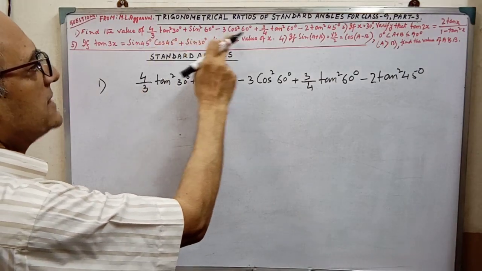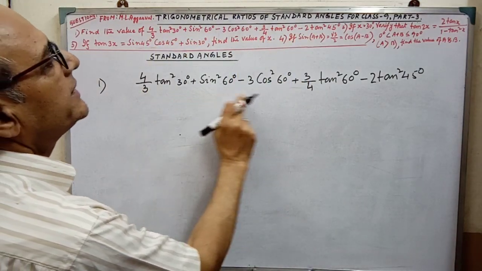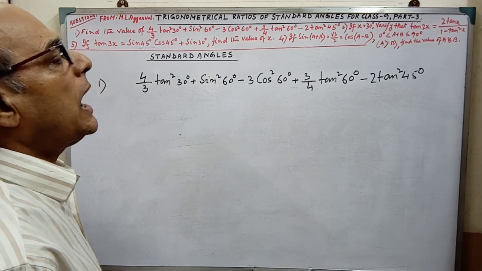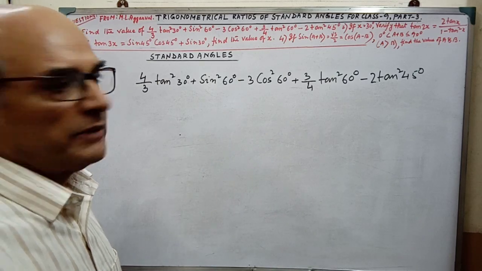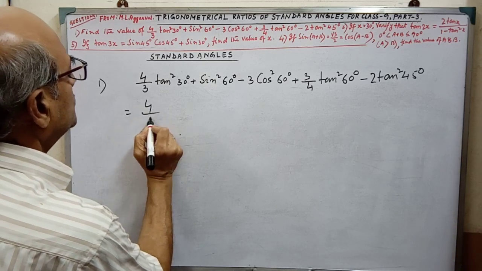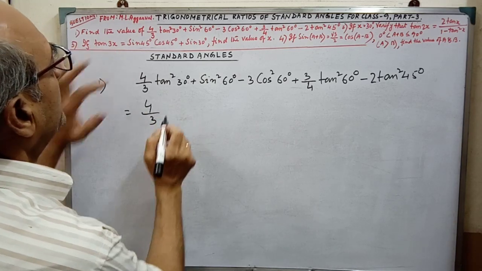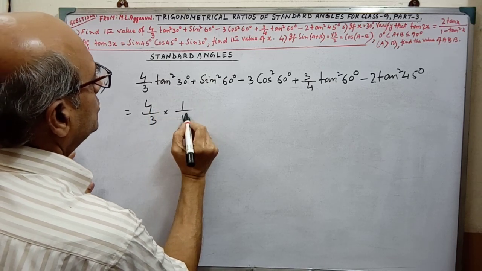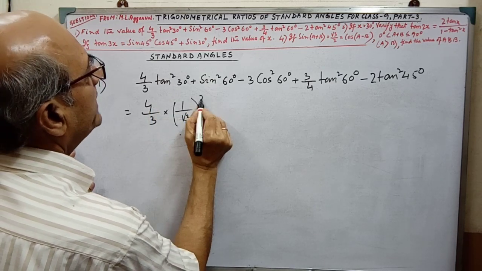That is, the sum is given this. After writing the sum in this way, you already learned how you have to find out the values. After that, just you have to put the value and simplify. Tan 30 degree, that is 1 by root 3 whole square.